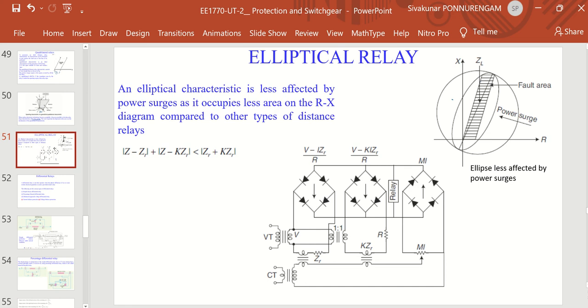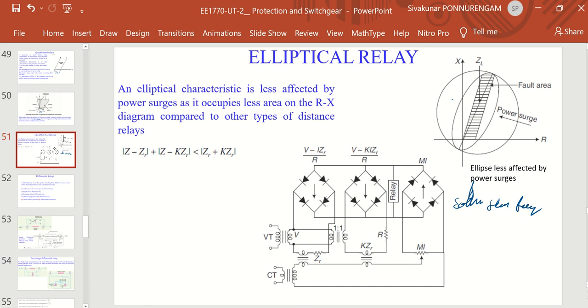This is obtained by using solid state. We will see this explanation after the solid state relay, because it has no moving parts. Here we obtain the positive quantity and here the negative quantity; both values may be equal or not equal.